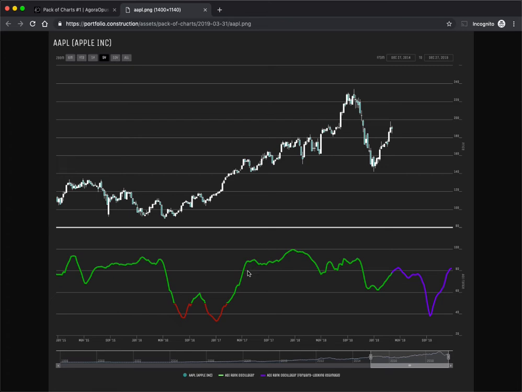So, okay, we started ranking Apple better, and we started ranking it above 80 in around May 2017. And as you can see as well, the price has been steadily going up, right? So does it mean that a higher rank means the price automatically goes higher up? No, not necessarily, because as I said, it's a relative rank. So let's say instead of this being a bull market, it's a bear market, so things are going down, right?